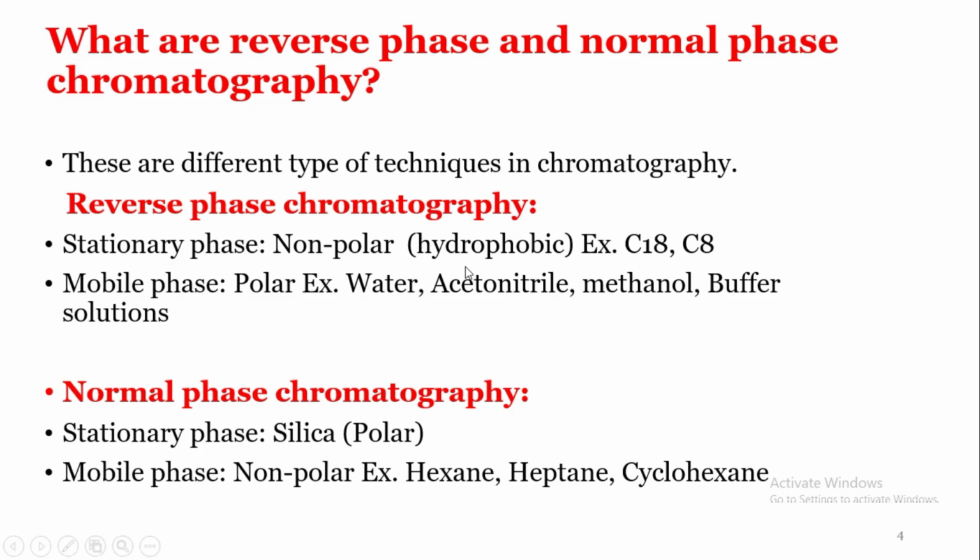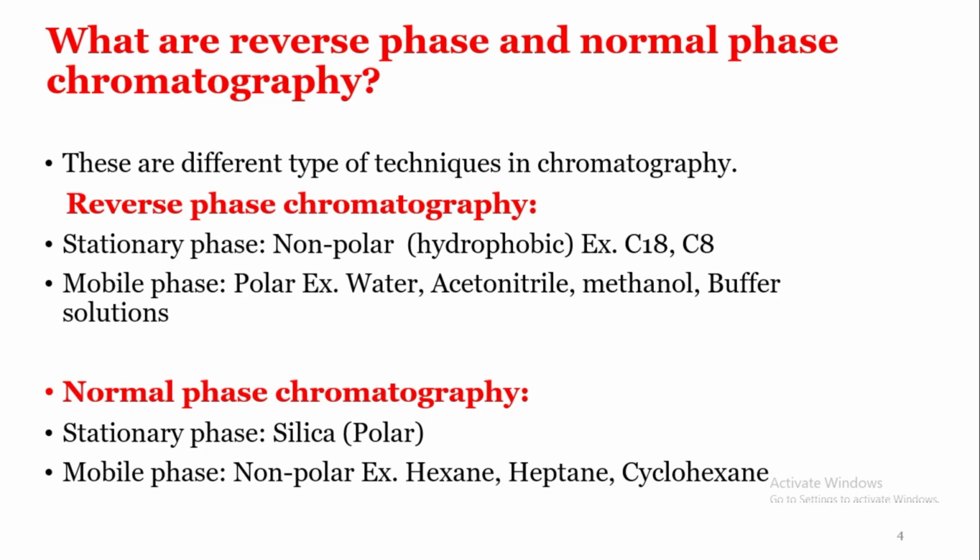That is called hydrophobic. So non-polar like C18, C8, C4, different types of columns are there with different chemistries. Maybe in other videos I will explain the chemistry of columns. Mobile phases are polar: water, ACN, methanol, different buffer solutions like potassium dihydrogen phosphate, sodium hydroxide, TFA, OPA.